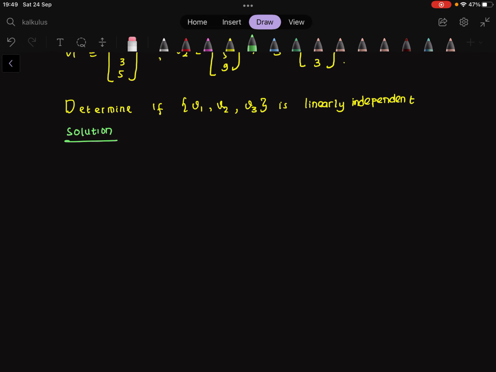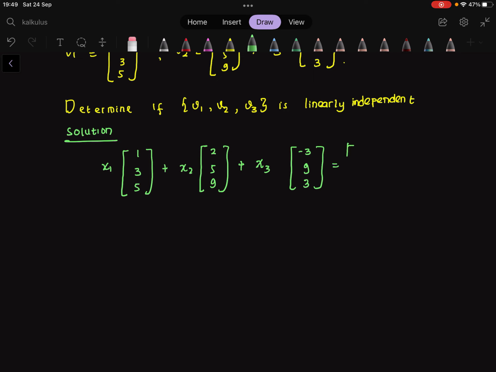Here we have x1 times the vector v1, (1, 3, 5), plus x2 times (2, 5, 9), plus x3 times (-3, 9, 3), and this is equal to (0, 0, 0).